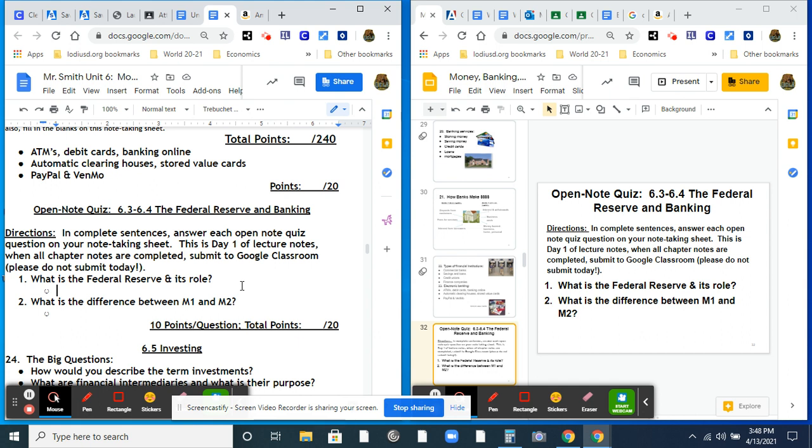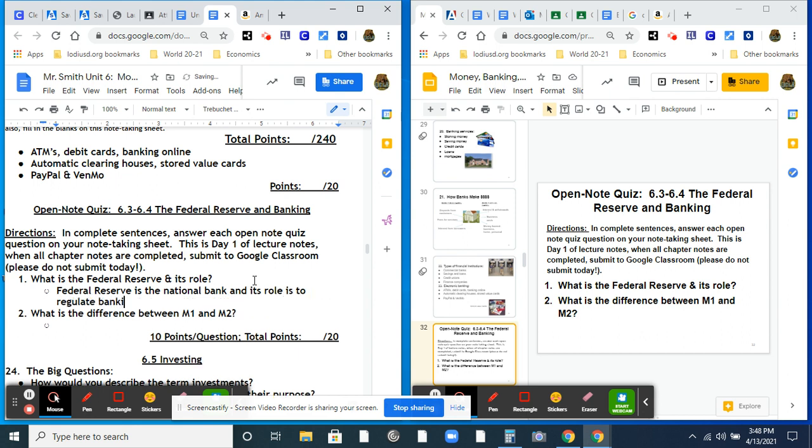Federal Reserve is the national bank, and its role is to regulate banking. Regulate the economy. Double check.